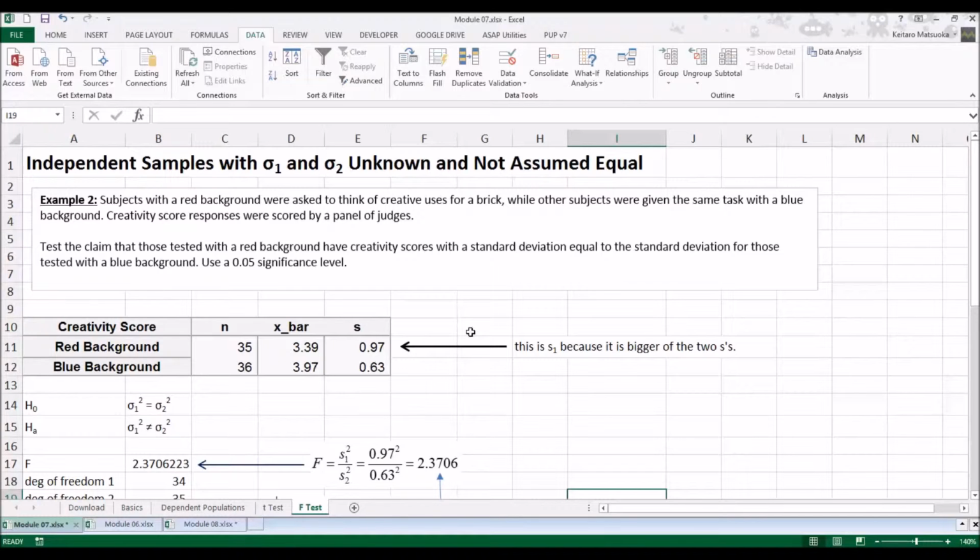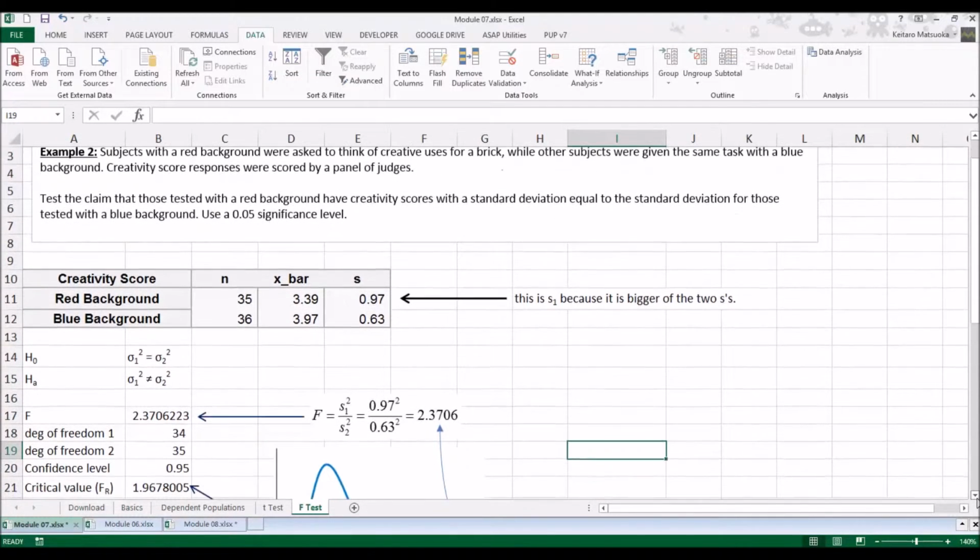Okay, so we're going to test the claim that those tested with the red background have creativity scores with the standard deviation equal to the standard deviation for those tested with the blue background. So we're saying that creativity variation is the same between two backgrounds, blue or red. So the alternative is no, they're not the same. So here's the data.